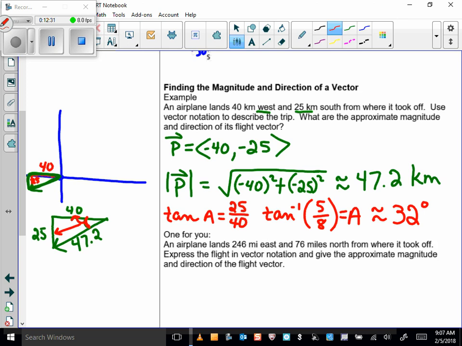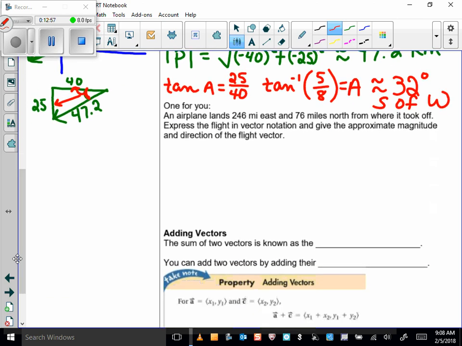That's going to be south of west, right? South of west. So there's the vector that describes the flight of this airplane. Its flight is represented by the vector 47.2 kilometers at a direction of 32 degrees south of west.